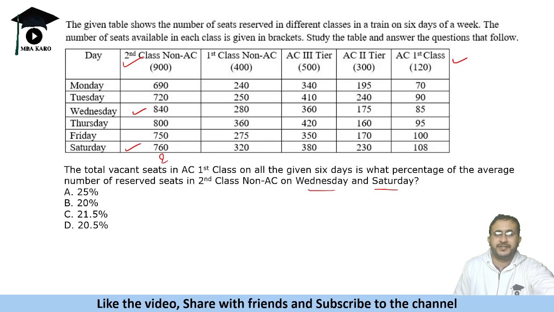So average is 800 of this. Okay, percent, this average is 800. We can easily see total vacant seats, right? We do not have to find the average, we have to find the total in this. So this total is what percentage of 800? 50, 30, 35, 25, 20, and this is 12. Let's add, this is 80. 80 plus 20 is 100.